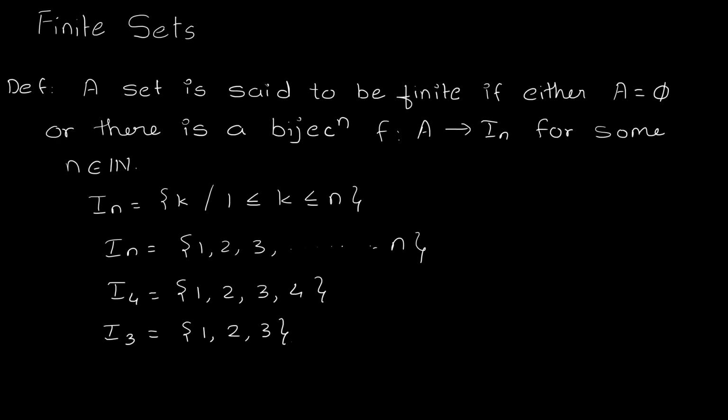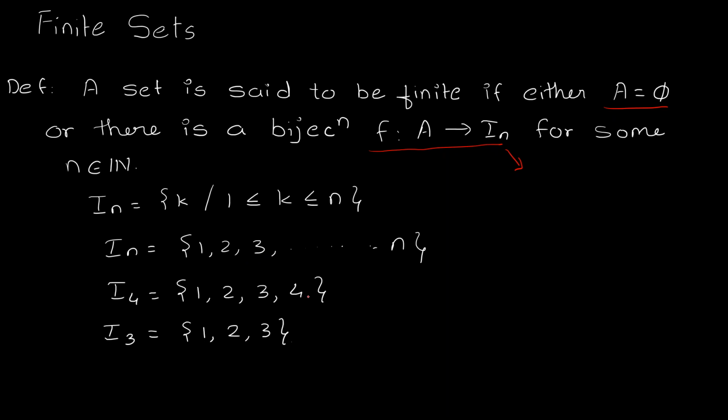But another definition is in terms of bijections and one-one onto maps. It says that a set A is said to be finite if either A is an empty set or there is a bijection f from A to I_n. And what does this I_n look like? I had explained this in the class also. I_n contains all the natural numbers 1, 2, 3 till n.